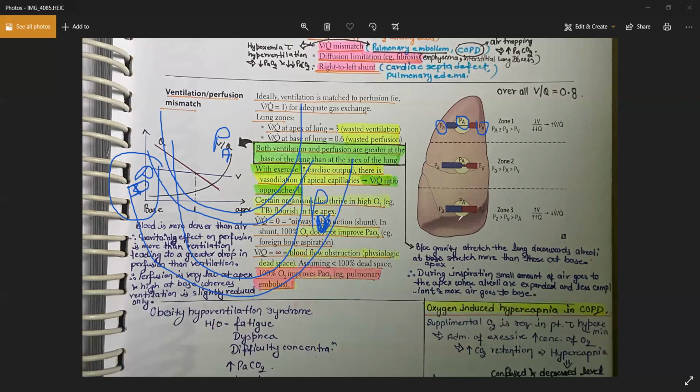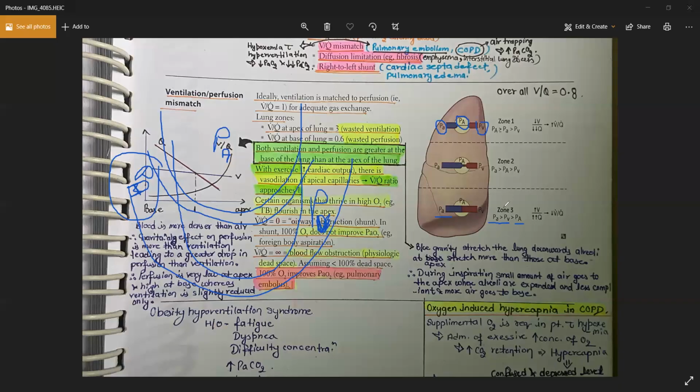In zone 3, because of high pressure, these alveoli are not distended. As a result, the blood can easily flow without any obstruction or resistance. In this case, the arterial pressure is again highest, followed by the venous pressure PV, followed by the pressure inside the alveoli. So this is about zone 3.